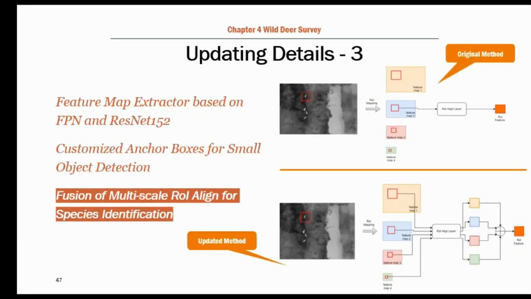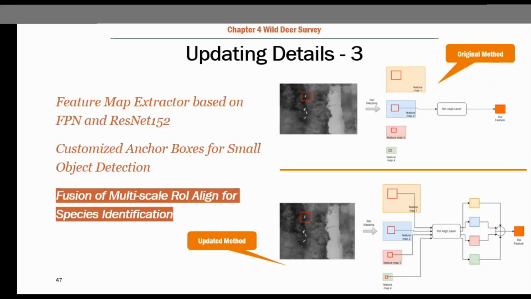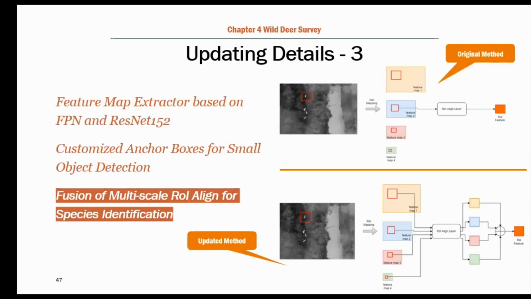And the final update is, one of the purposes of the model is to identify the species of the detected animals. So the ROI feature map is very important for species identification. In the original Faster R-CNN, the model only used one feature map.